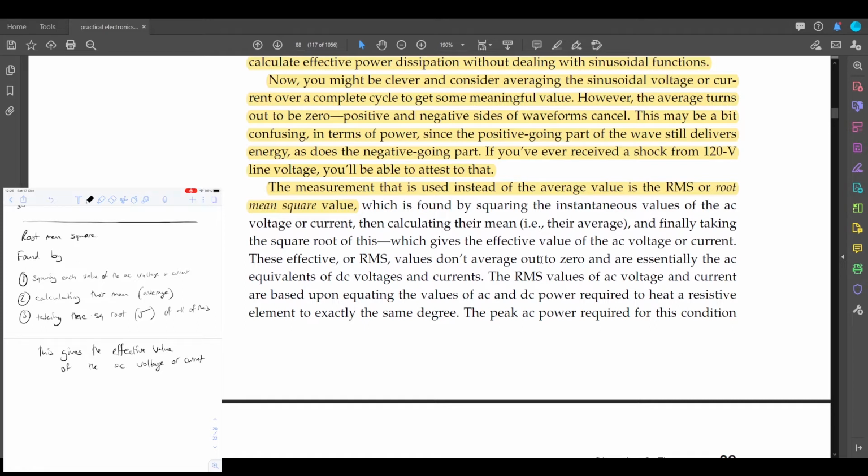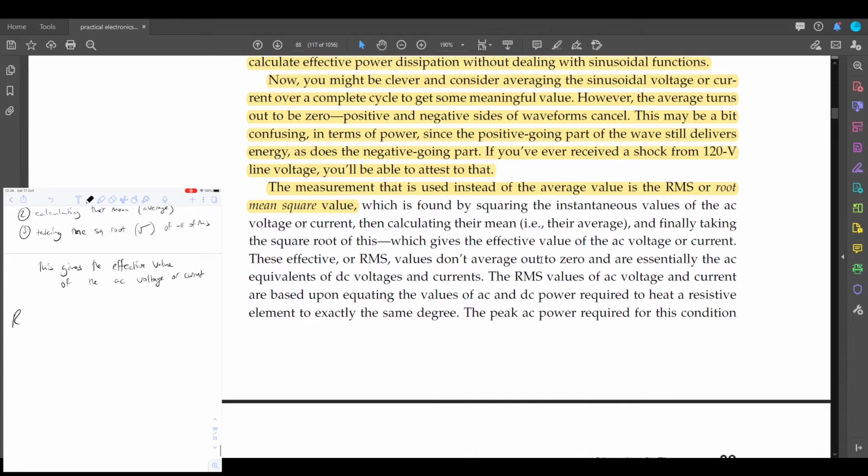Okay, so these effective or RMS values don't average out to be 0 and are essentially the AC equivalent. RMS is the AC equivalent. Where am I?